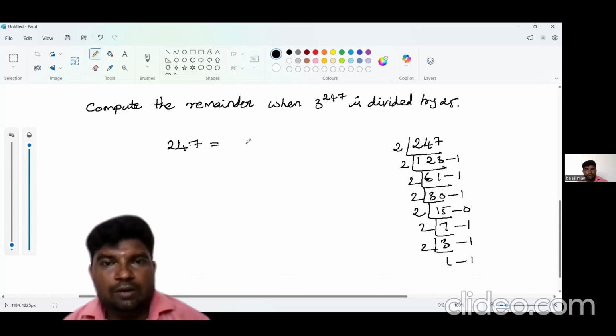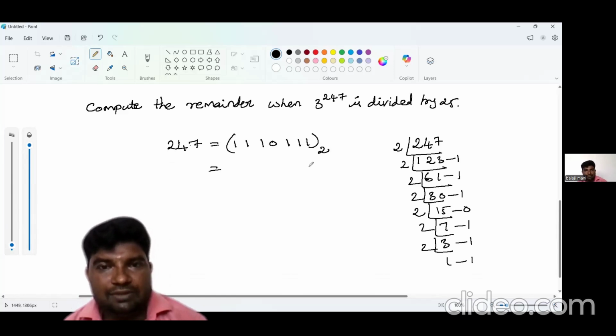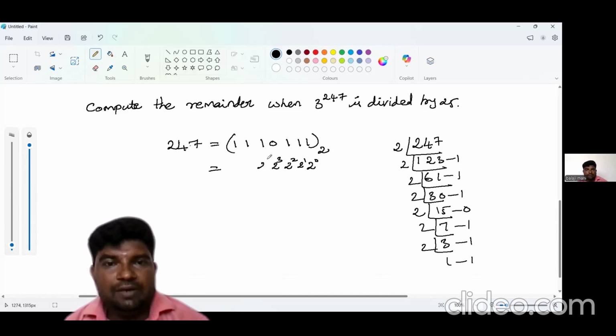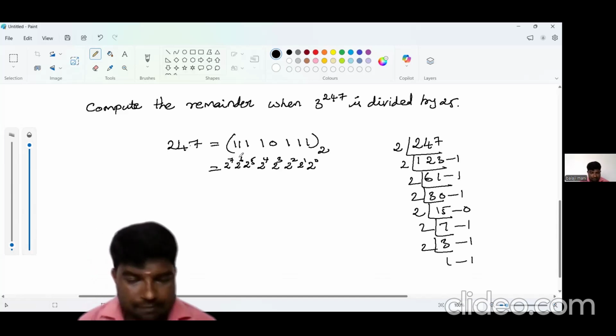The binary form is 11110111. These binary digits correspond to powers of 2: 2 power 0, 2 power 1, 2 power 2, up to 2 power 7.